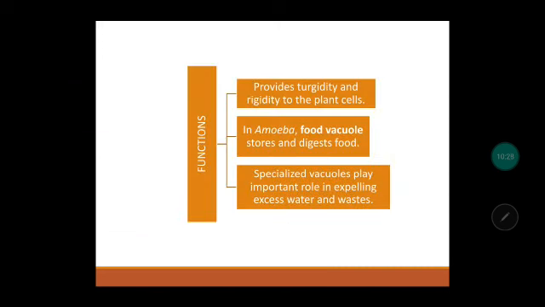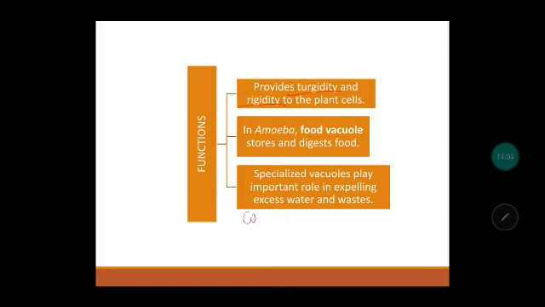Let us look at the functions now of vacuole. First of all, it provides strength to plant cells. It provides turgidity and rigidity, meaning it is providing strength to the plant. Then in amoeba, a food vacuole is present through which it takes in food. Inside the vacuole in amoeba, the food is stored and digested. Then in certain other unicellular organisms, some vacuoles are present which help in the release of excess waste and excess water.